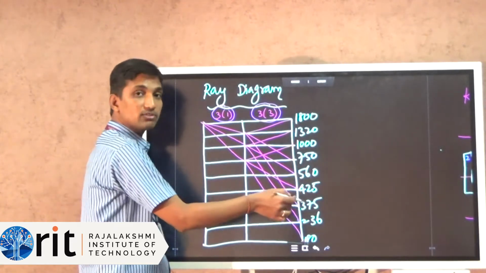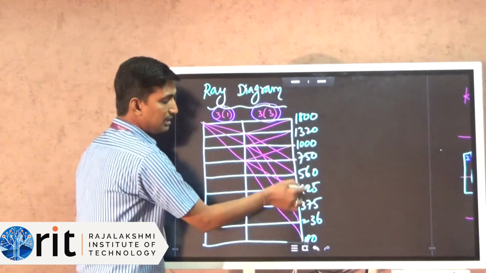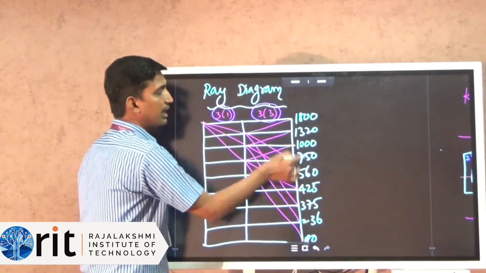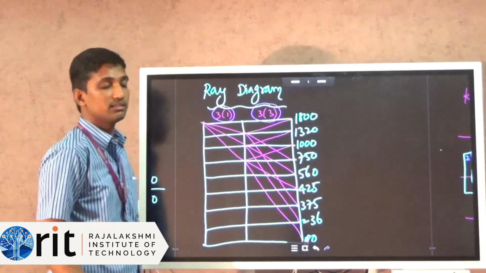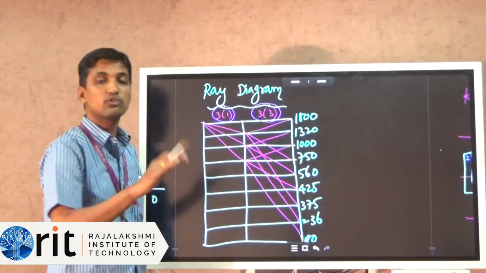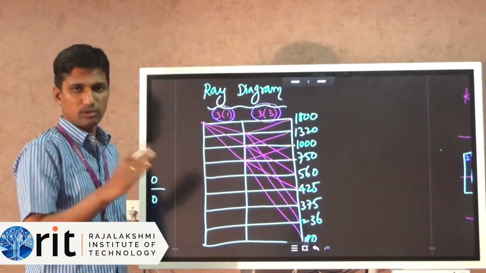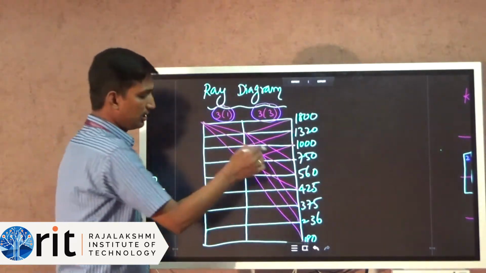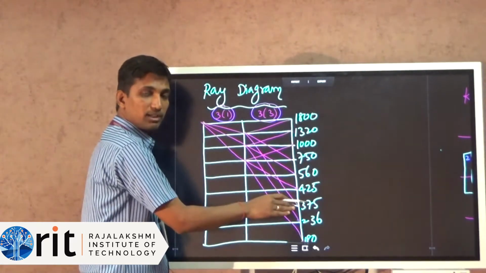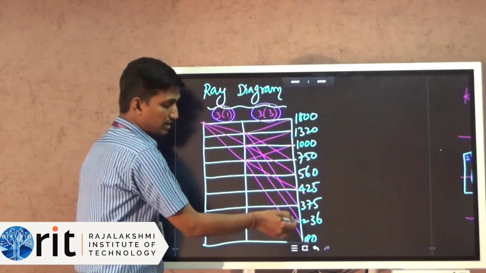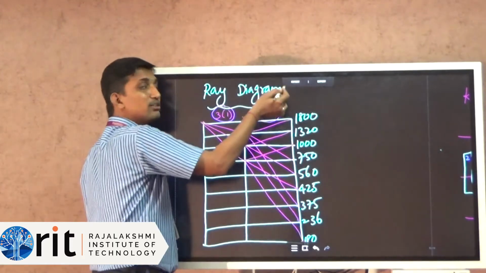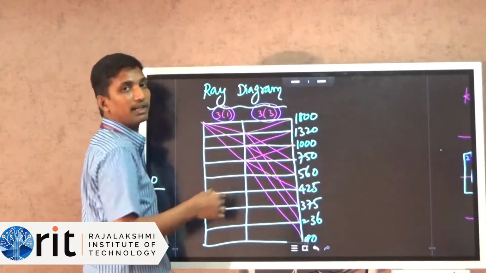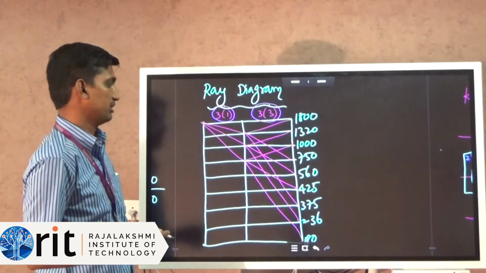This 375 multiplied by 1.33 gives 425. Until we get 1800, the corresponding values have to be multiplied by 1.33. The 1.33 is the progression ratio, and it has to keep being applied until we get the maximum RPM of 1800.